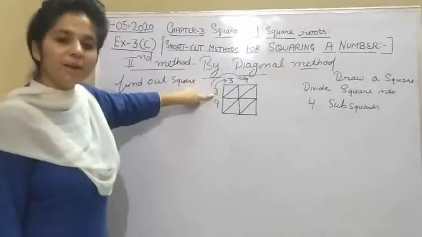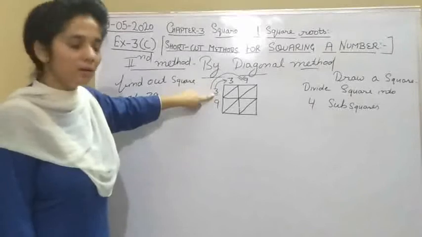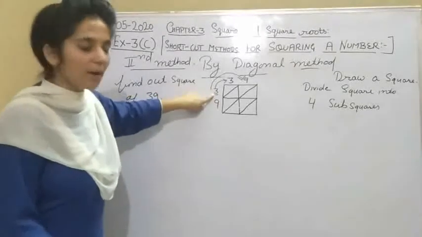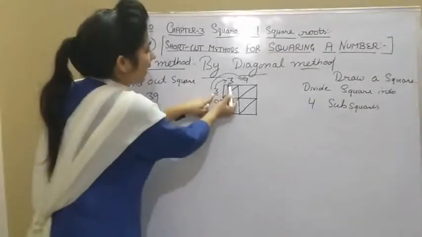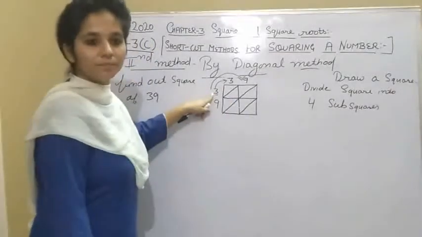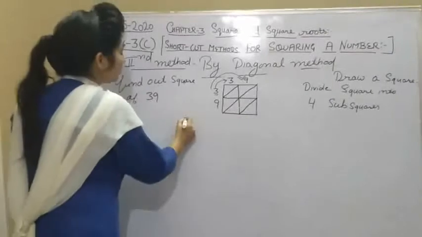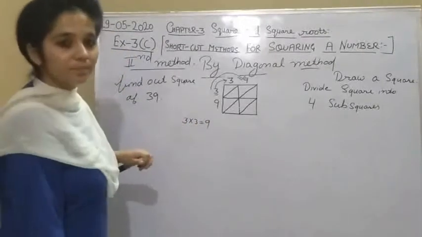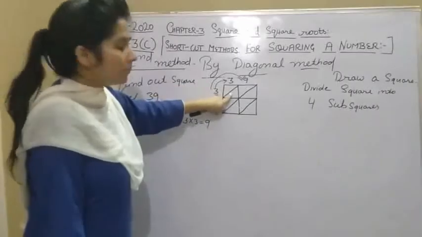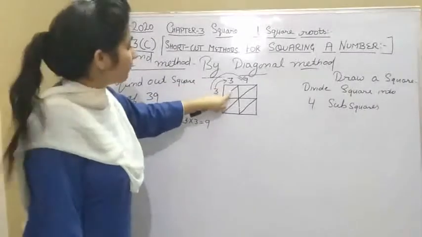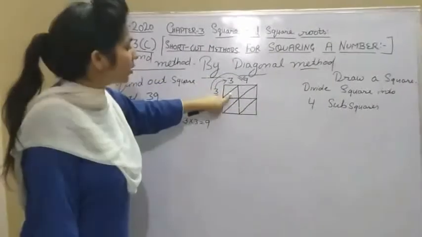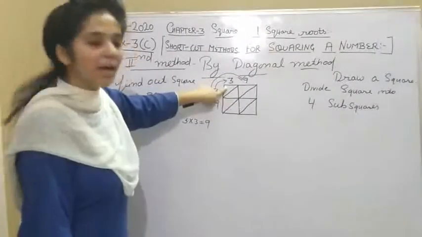You will multiply firstly 3 by 3, that is equal to 9. But we have two places, below the diagonal and above the diagonal.